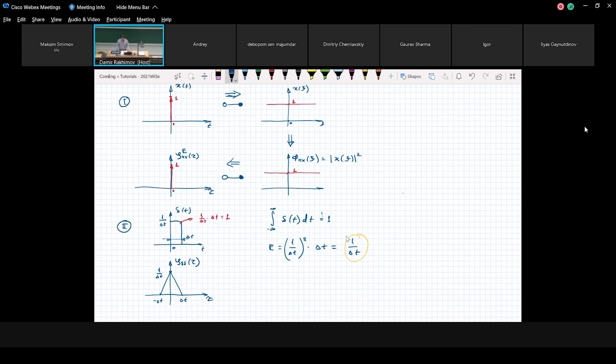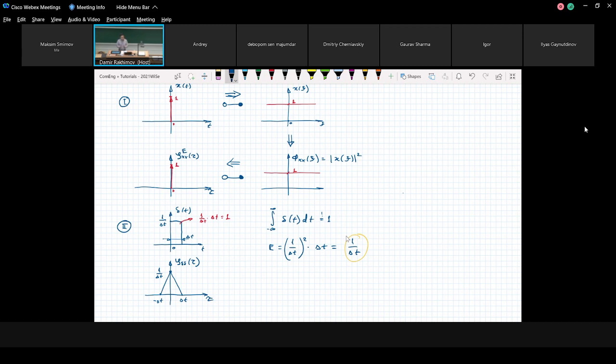And now, question: what's the magnitude? Let's say this is our autocorrelation function, and if we put delta t going to 0, say that delta t is very small, then this triangular pulse will become narrower and narrower.